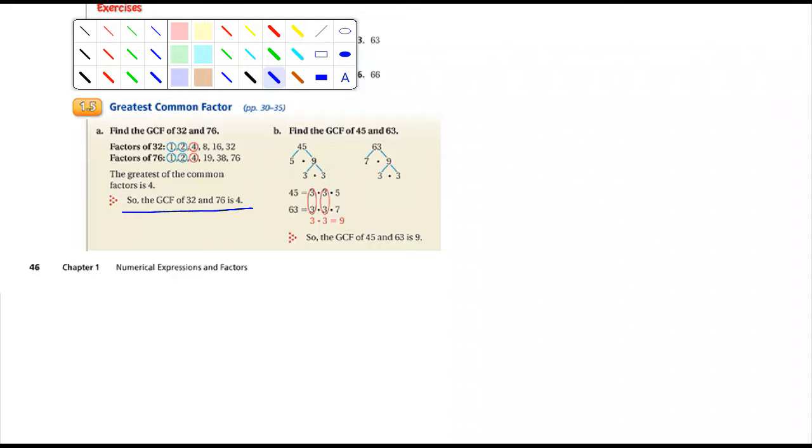But the greatest common factor, you need to have matching numbers. And so they both have 2 3s. Well, what's 3 times 3, or 3 squared? That's 9. So the greatest common factor between 45 and 63 is 9. So remember that. In 1.5, when you're finding the greatest common factor, they have to match. They have to have the same numbers. So let me move down here.